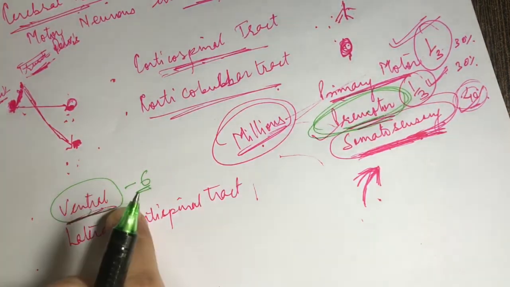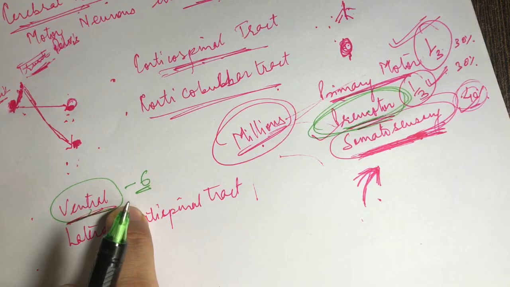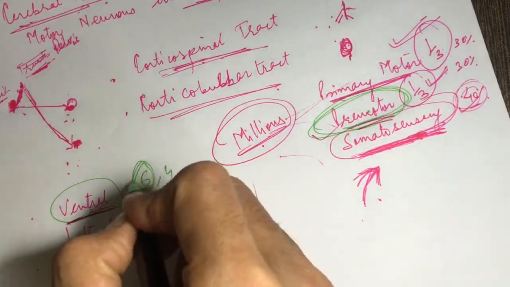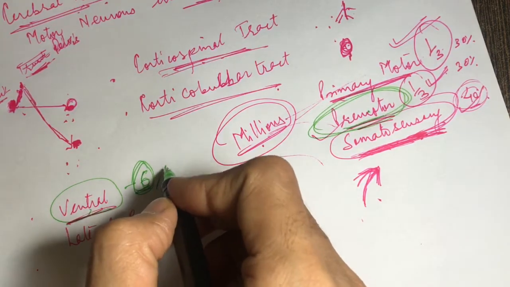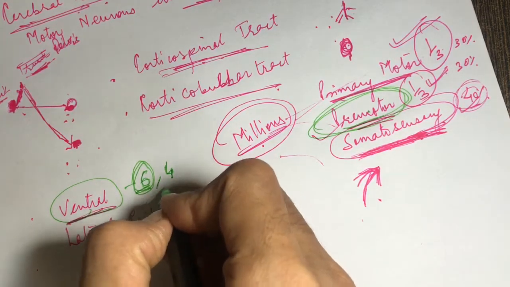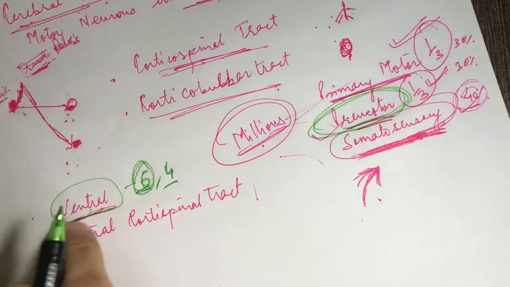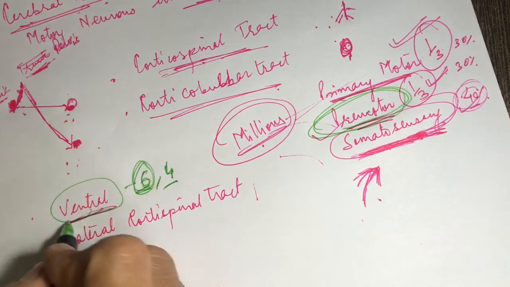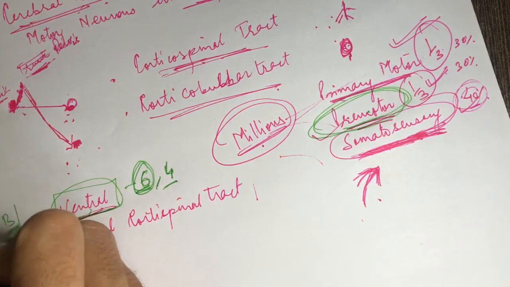Mainly from area number 6 and a few zones in area number 4, they will form the ventral corticospinal tract. These descending fibers terminate bilaterally.